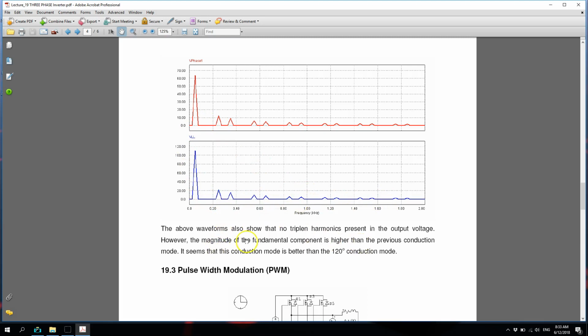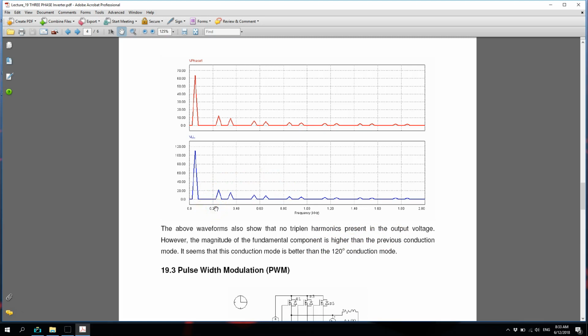Look at the notes here: the above waveform also shows that no triplet harmonics are present in the output voltage. However, the amplitude of the fundamental component is higher than the previous conduction mode. It seems that this conduction mode is better than the 120-degree conduction mode because the magnitude of the fundamental component is higher. However, the characteristics are similar to what we have before.